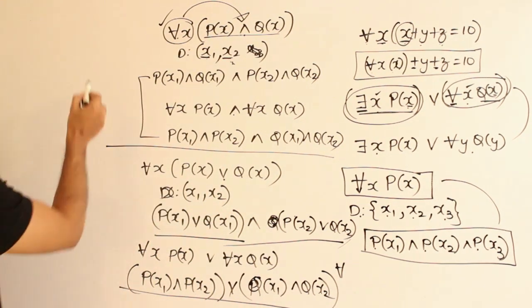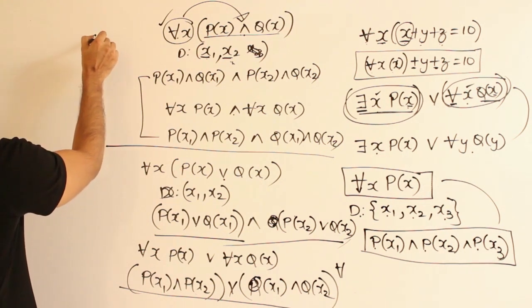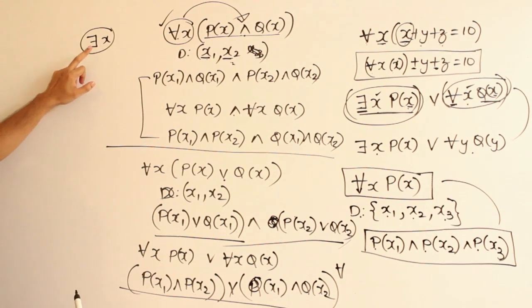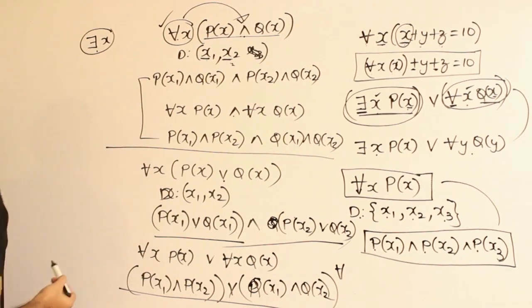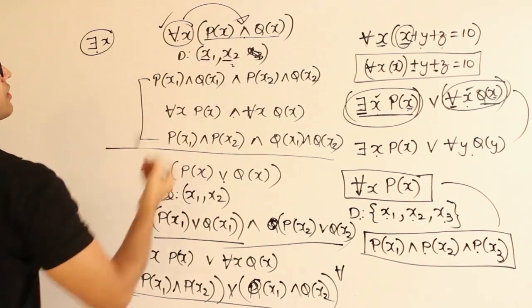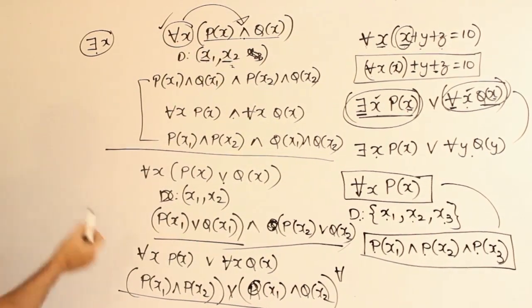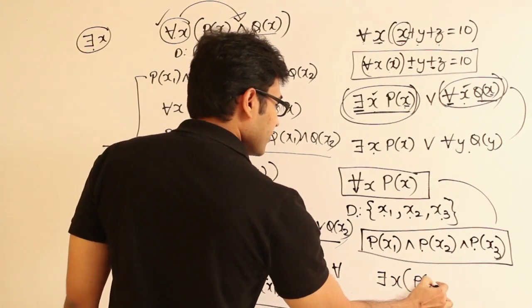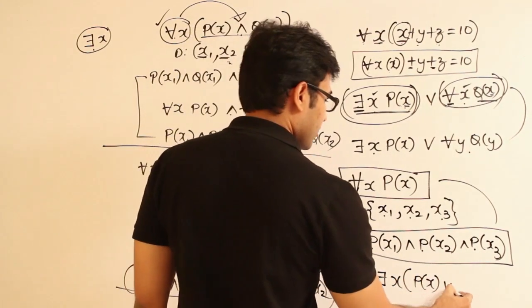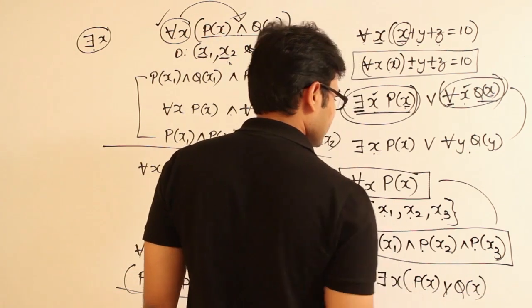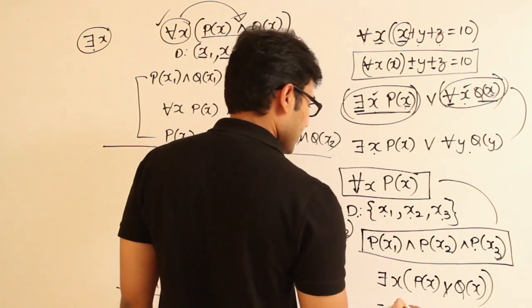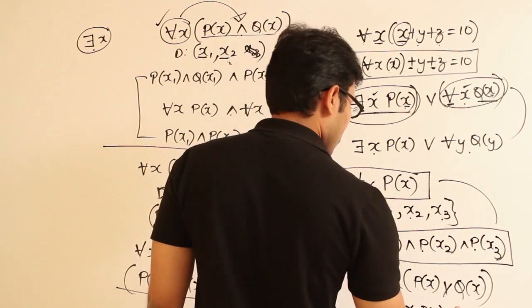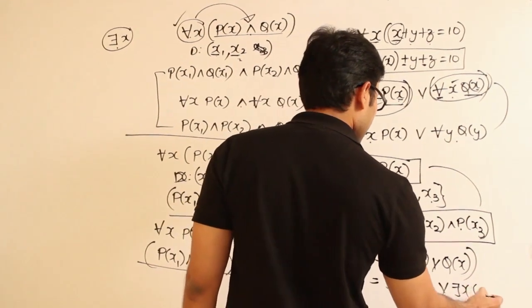disjunction. Similarly, if you have a there exists quantifier, you can use the same method of proof and you can say that this there exists is distributive over disjunction, which means if I have something like there exists x p of x or q of x, then I can write it as there exists x p of x or there exists x q of x.